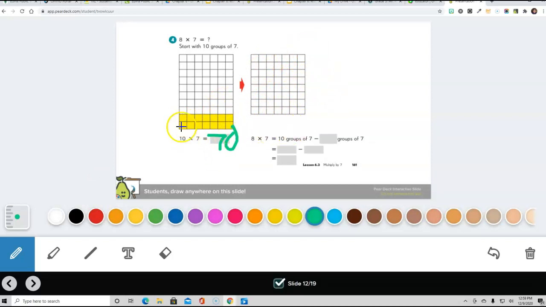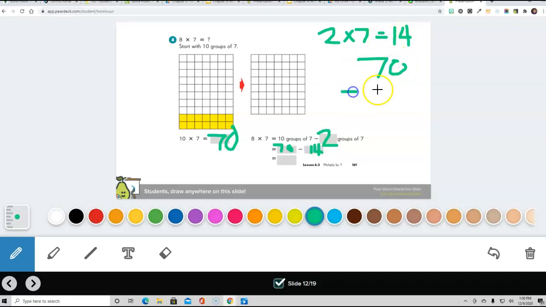So I have 2 extra rows, minus 2 extra groups of 7. Well, we said 2 times 7 equals 14. Okay, so we have 70 minus 14.